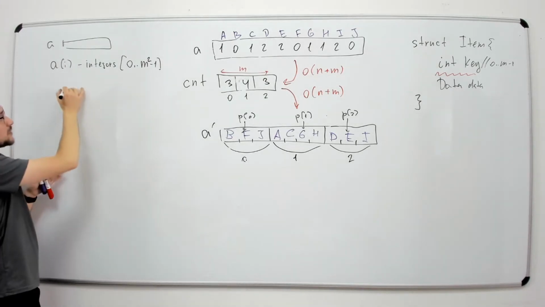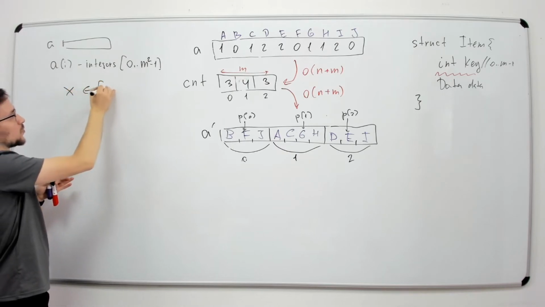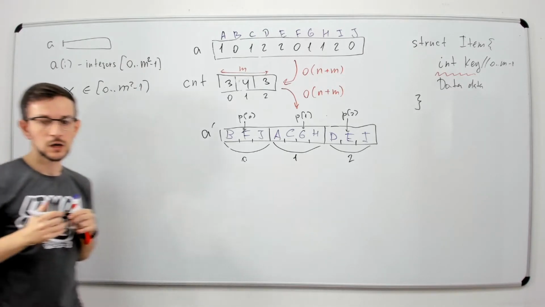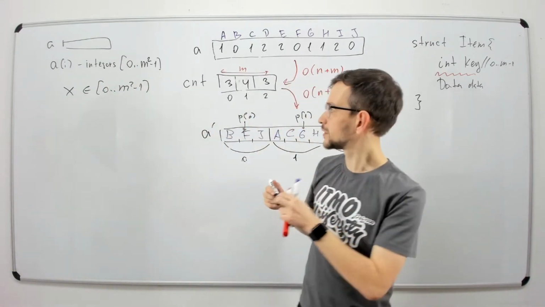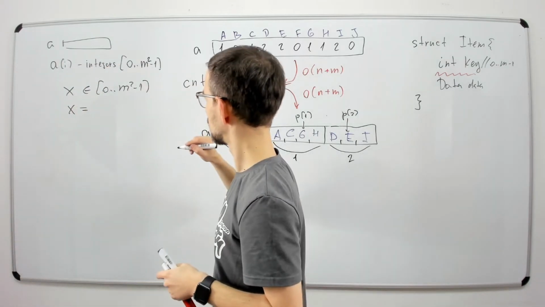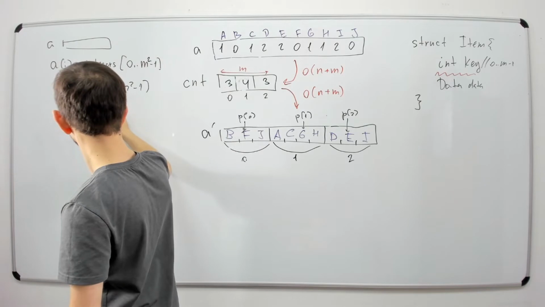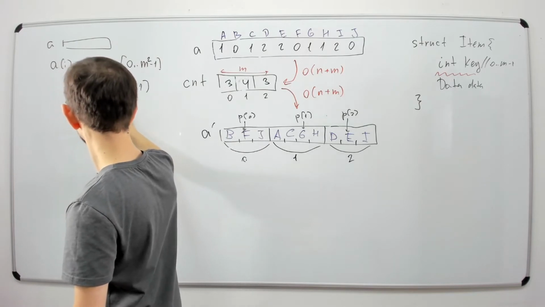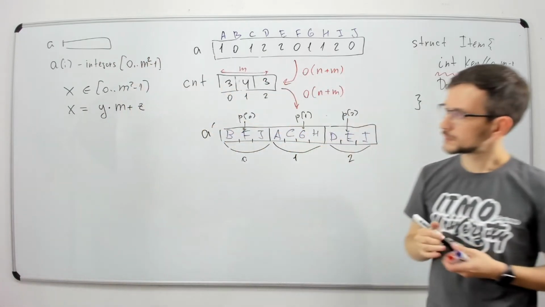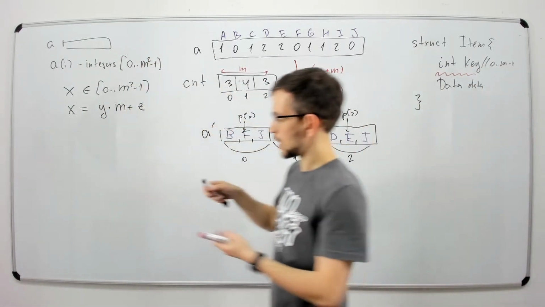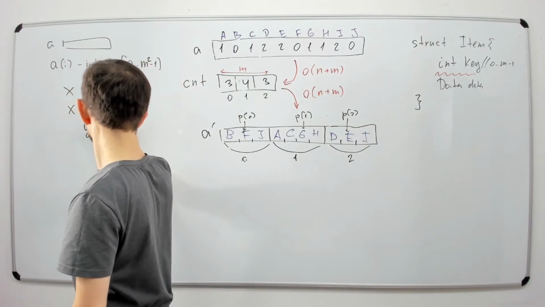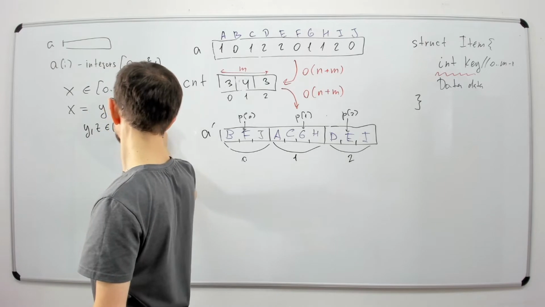If you have some number x from 0 to m squared minus 1, you can split it like this: x equals y multiplied by m plus z, and both y and z are from 0 to m minus 1.